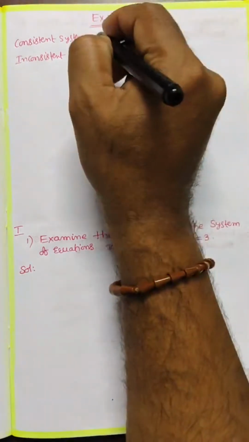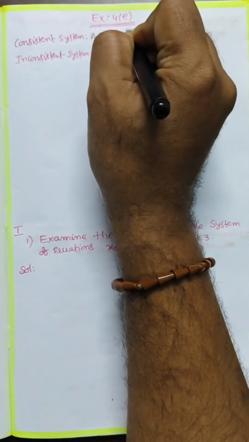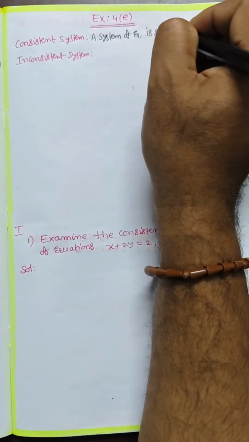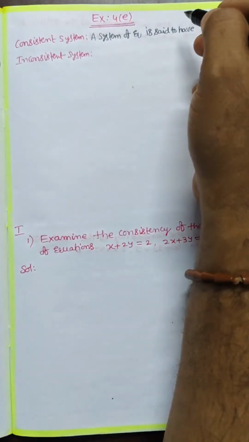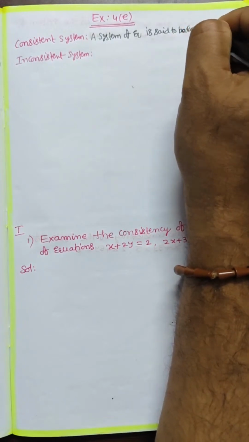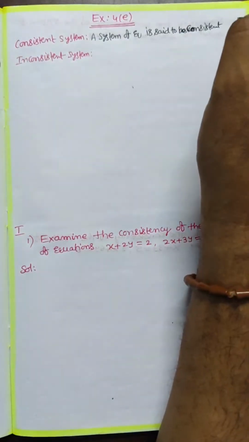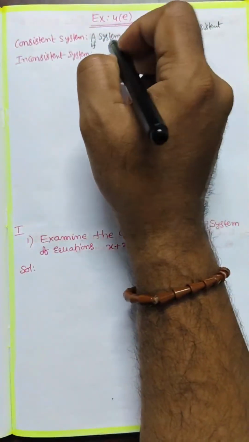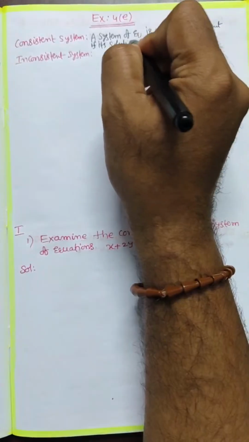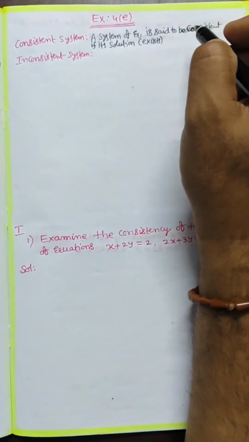A system of equations is said to be consistent if its solution exists, one or more solutions.